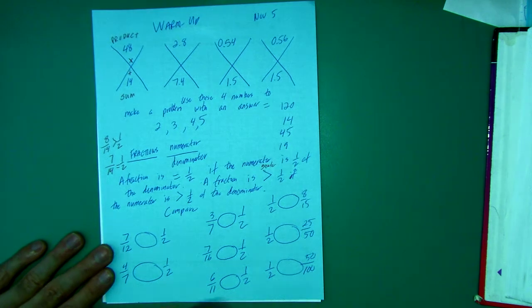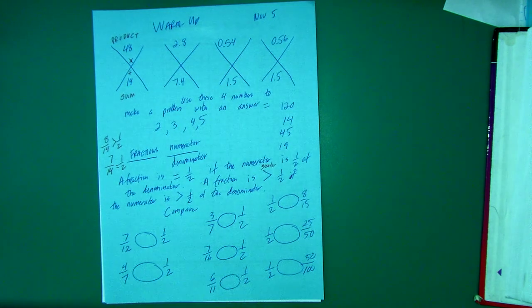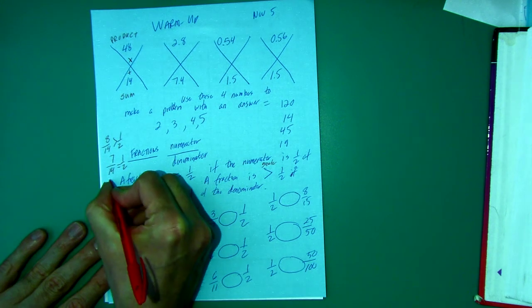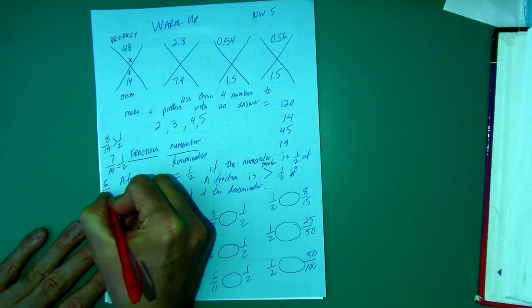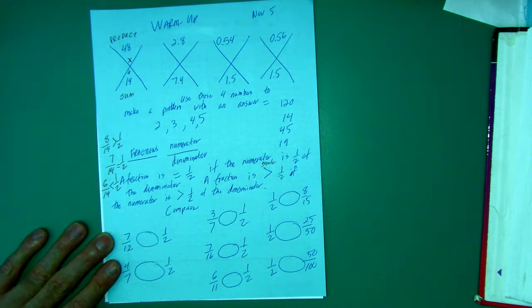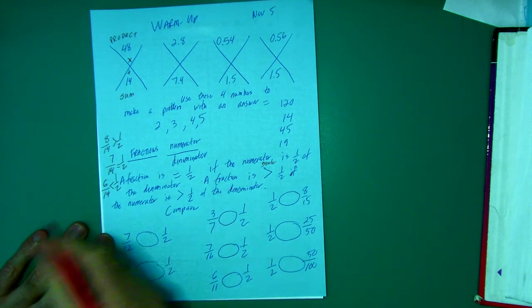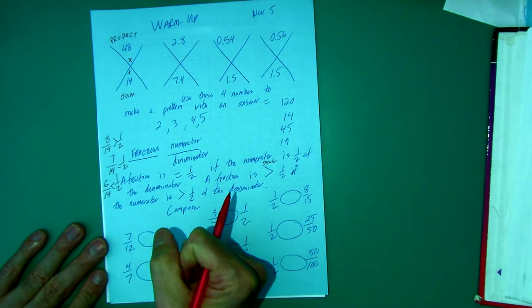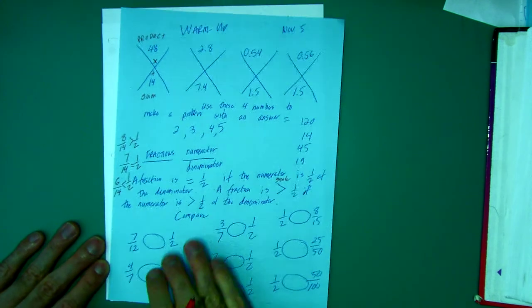And I didn't tell you the next part, but hopefully learning those two, if they make sense, you know that if the numerator is less than half of the denominator, like 6 is less than half of 14, then 6/14 is less than 1/2. If you know those things, these become easy.